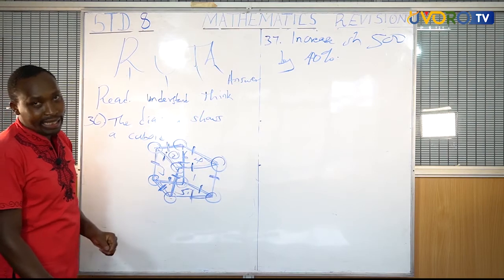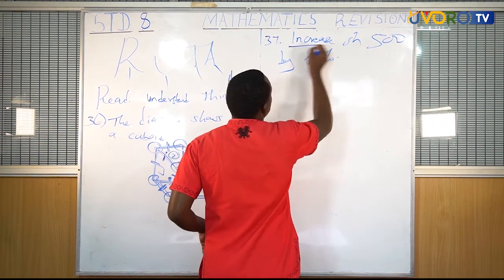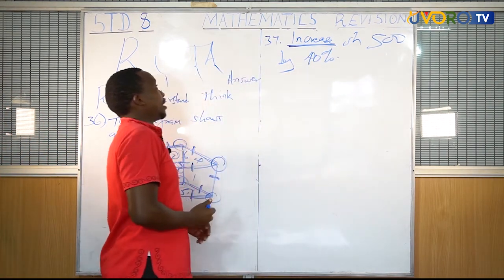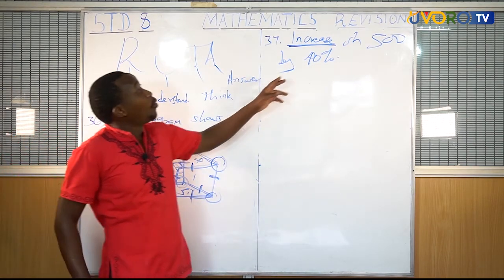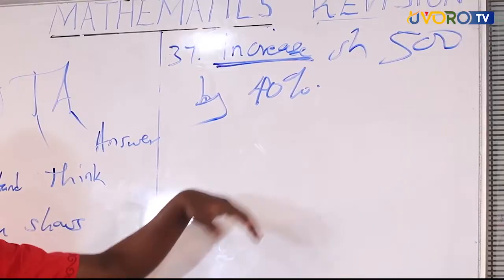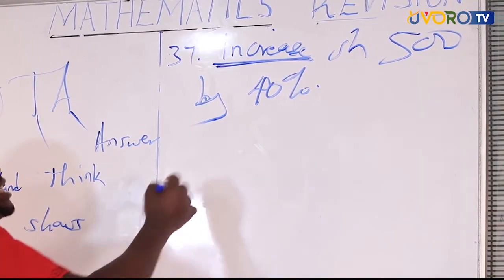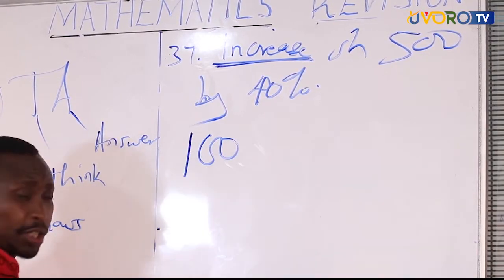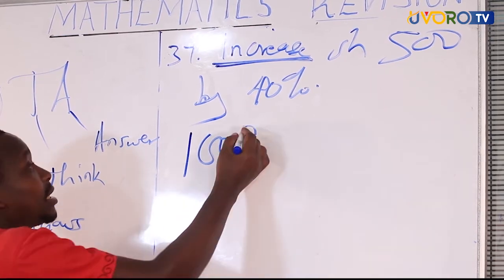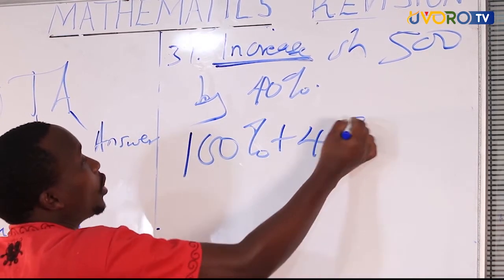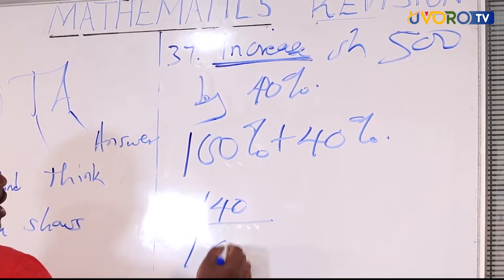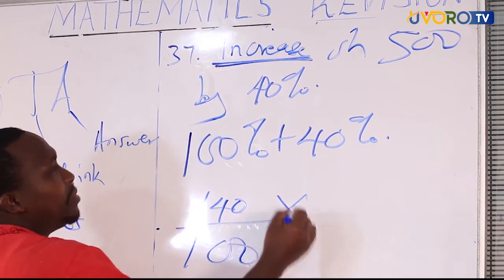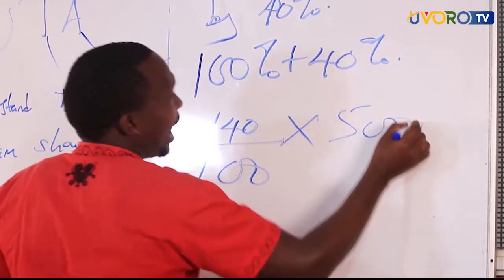U for understanding. You are told to increase. T for thinking. Now, when you are told to increase by 40%, it means it should salute its boss, which is 100%. You add it to 40%. What did you get? 140 over 100 now, times the 500 shillings.